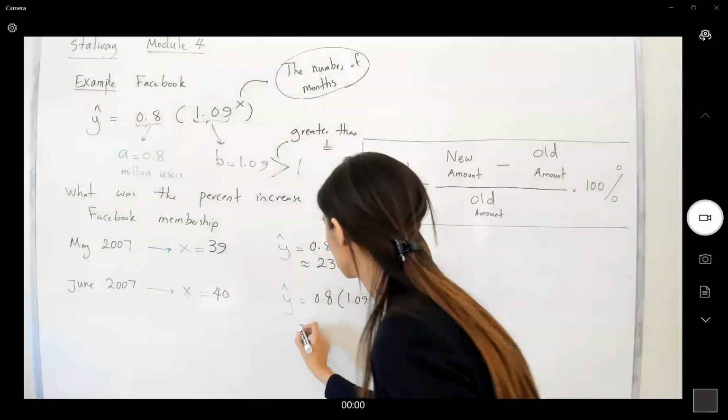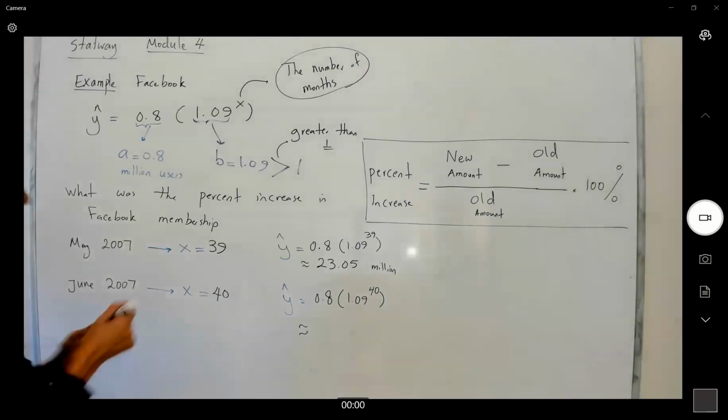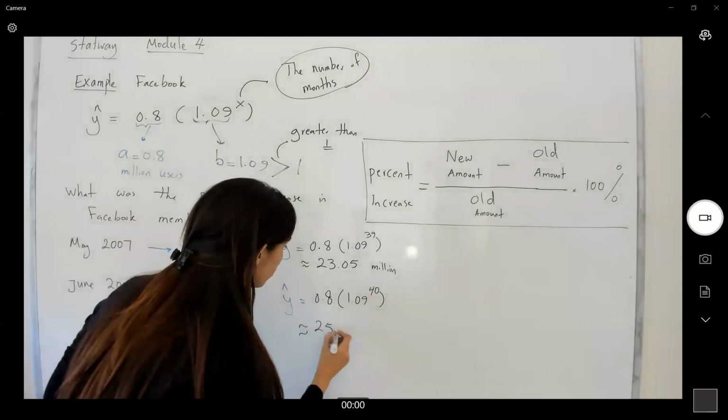Here we go. So what do you have? $25.13 million. Excellent. Thank you so much.